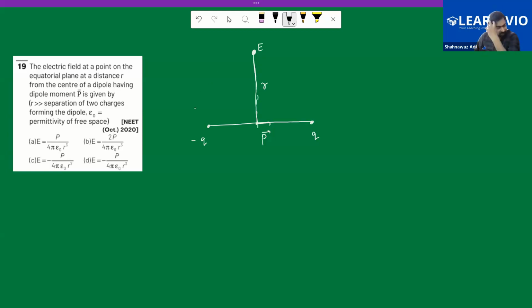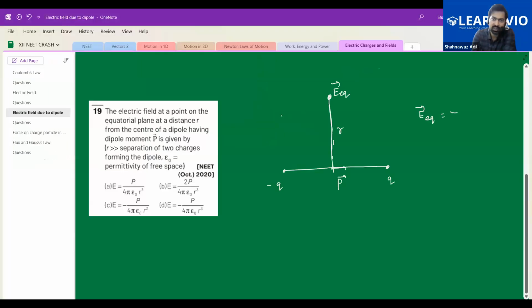What would be the electric field? And we already know the result. So this is the equatorial point, right? What is the electric field at the equatorial point? Yes, we have just done this. The electric field due to a dipole, that thing we have just discussed, right?